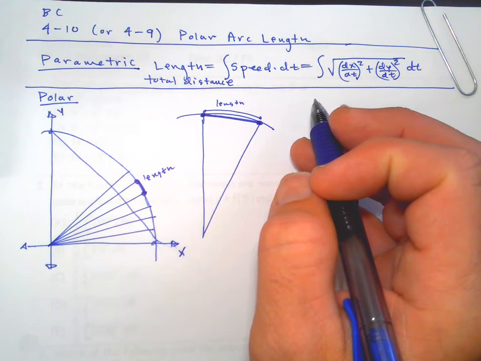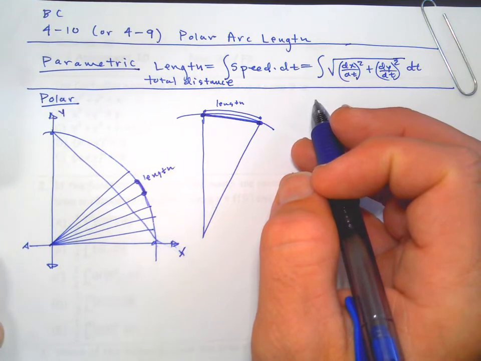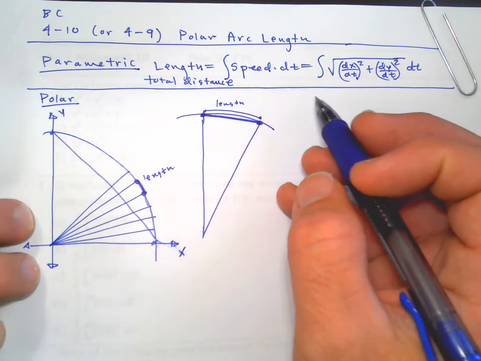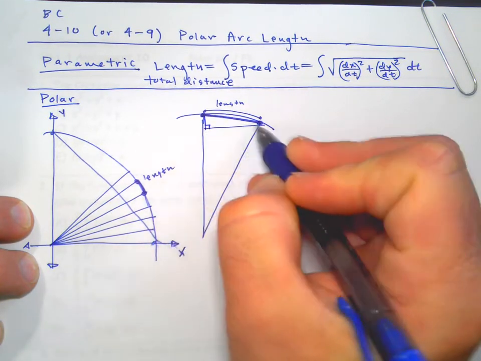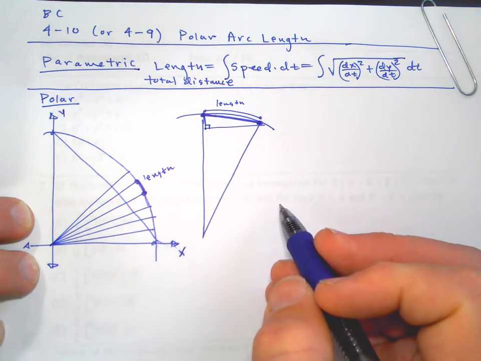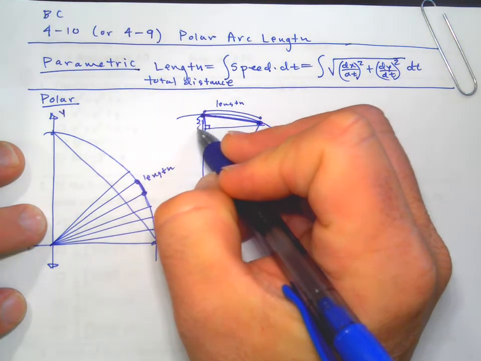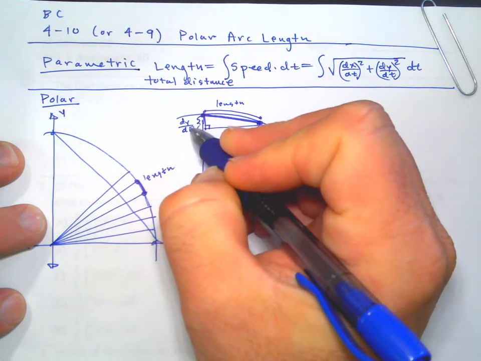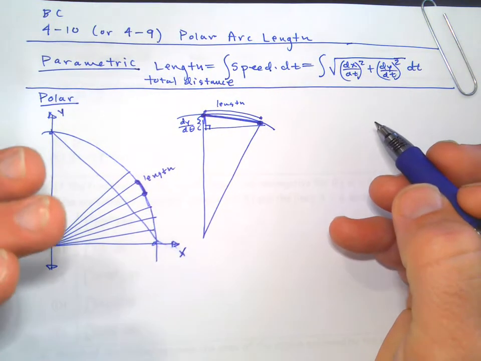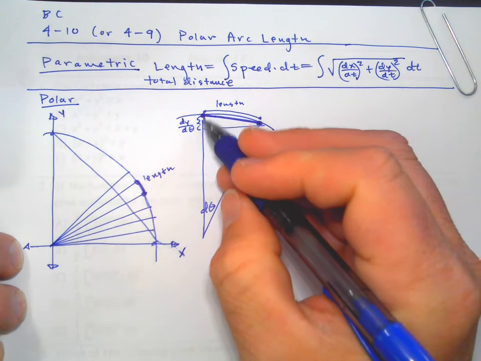Now the next trick is, how do we figure out the length of that line? So what we're going to do is draw a little right triangle, and it's the hypotenuse of that right triangle. And this is a small change in y with respect to theta, because we want things in terms of theta, because this is theta, this is d theta, right? So this is a small change in y.